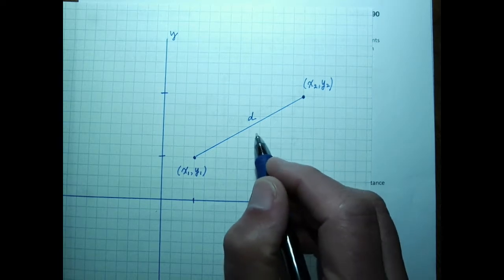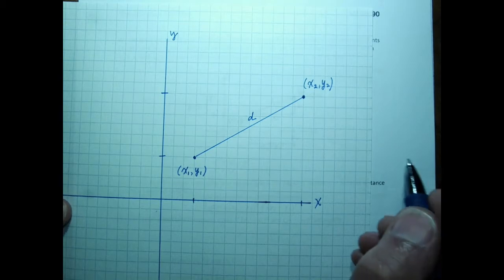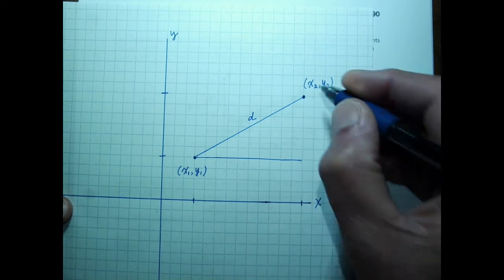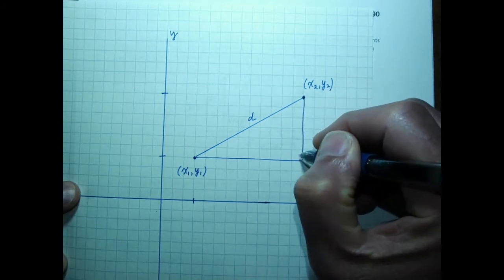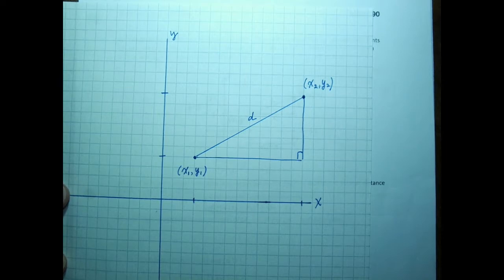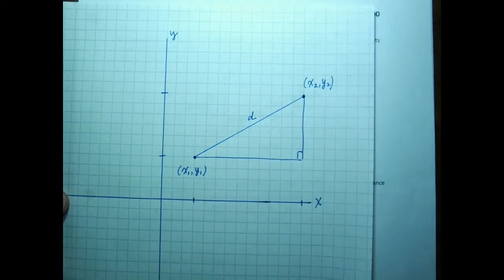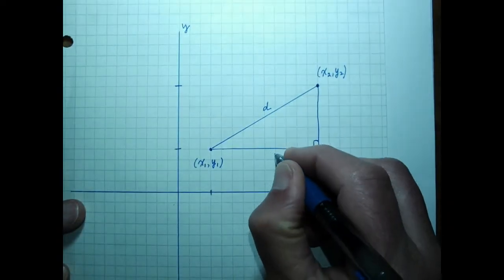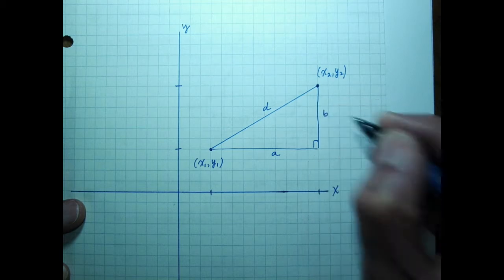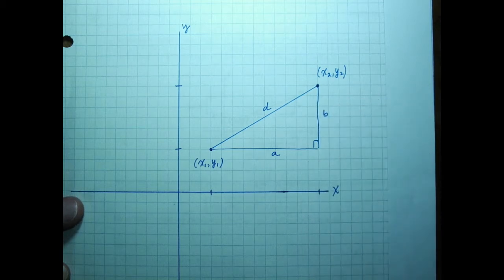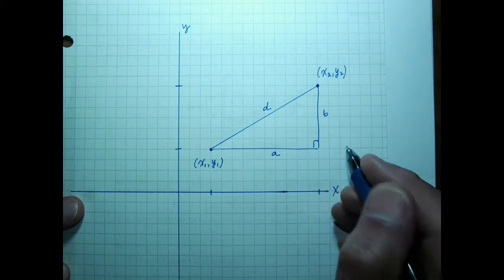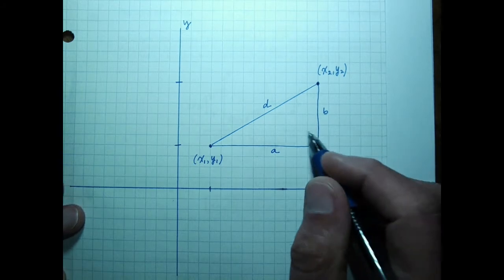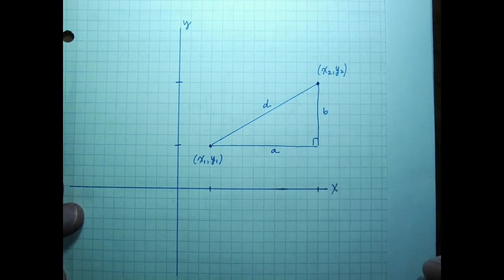So the way we get this distance is we actually can think of a certain triangle, a right triangle in this picture. And from the way at least my points are arranged, I can draw a right triangle like so. And I'm going to label the 2 other sides of this right triangle A and B. And there's a theorem from geometry called the Pythagorean theorem that we're going to use to obtain our formula for the distance d.